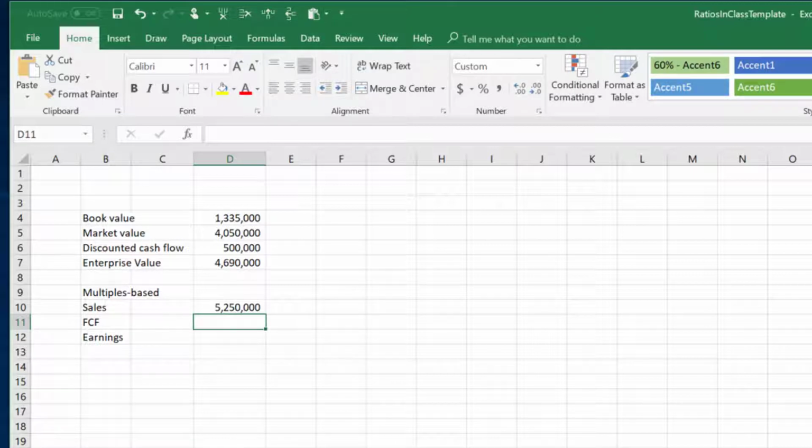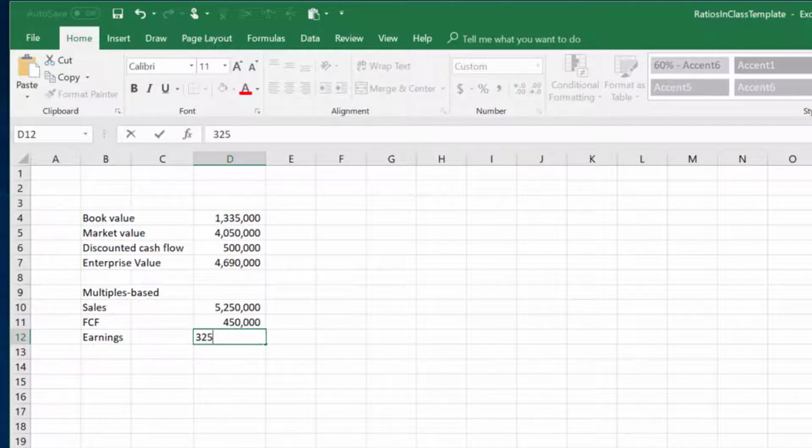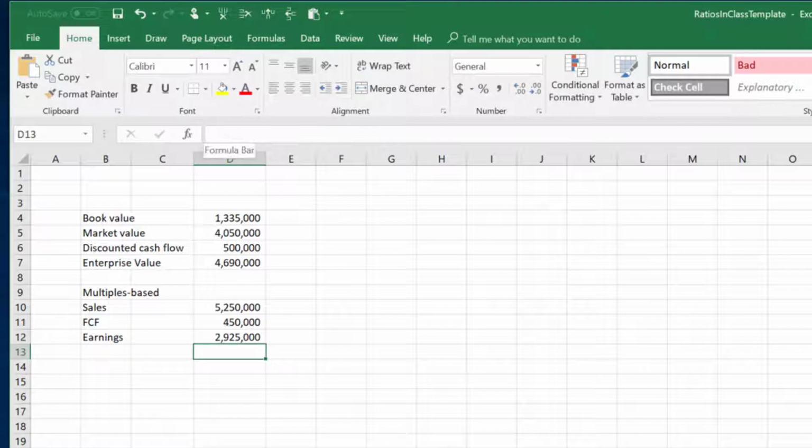The free cash flow is free cash flow times the multiplier, which is listed as 18. And then lastly, the earnings multiplier is simply our earnings times 9. Okay, and that's all there is to it.